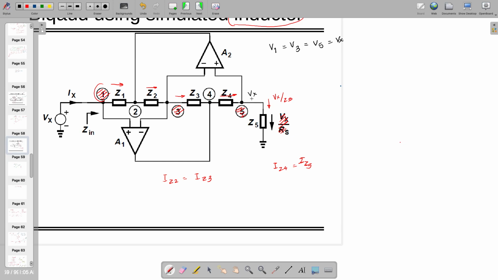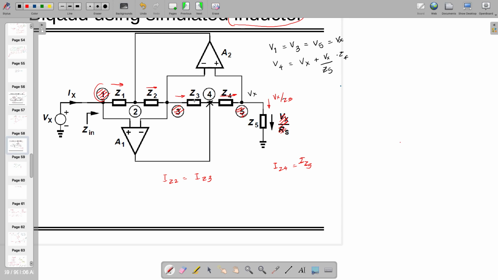So the current flowing through this impedance will be Vx by Z5. And voltage here, V4, is equal to Vx plus current flowing through this impedance times Z4, and that current is equal to Vx by Z5.